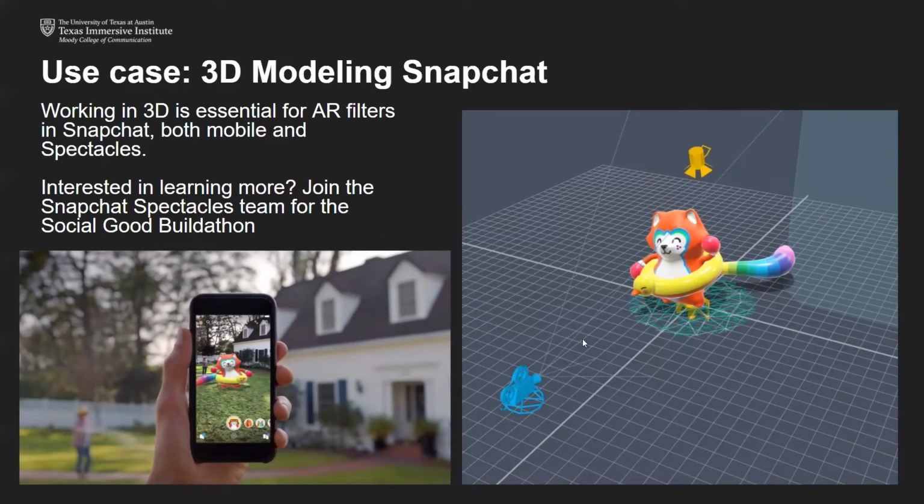This camera acts as the camera on your phone. The scene matches the floor plane of the scene to the floor plane of real life. And then you get to see your 3D object as if it were in the real world. So Snapchat Studio is a really advanced tool for creating AR filters like this.